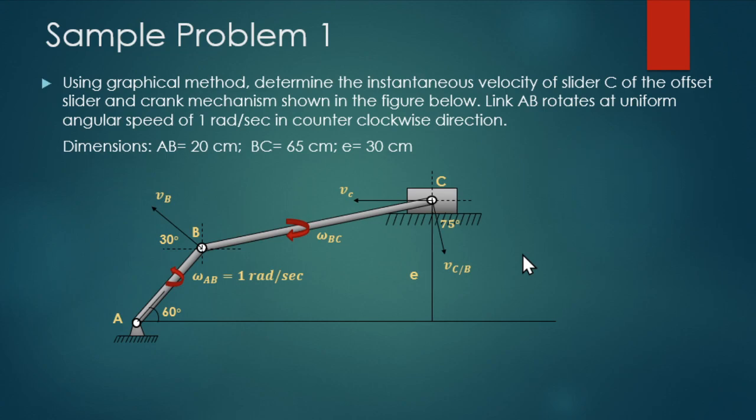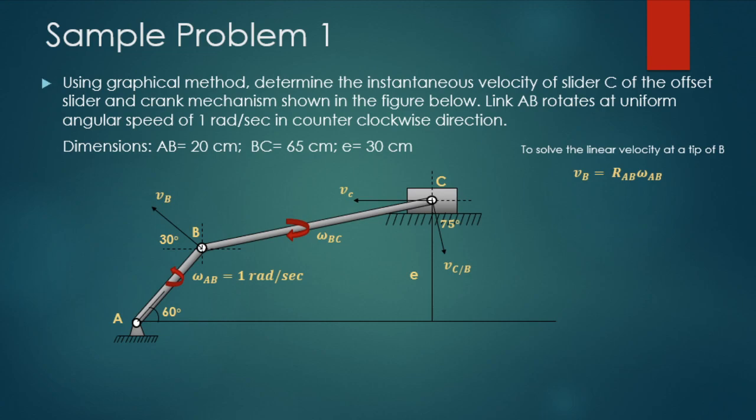So to solve this linear velocity at the tip of B, by using the formula V equals R omega, V B is equals to the length of link AB times the rotational motion of link AB.